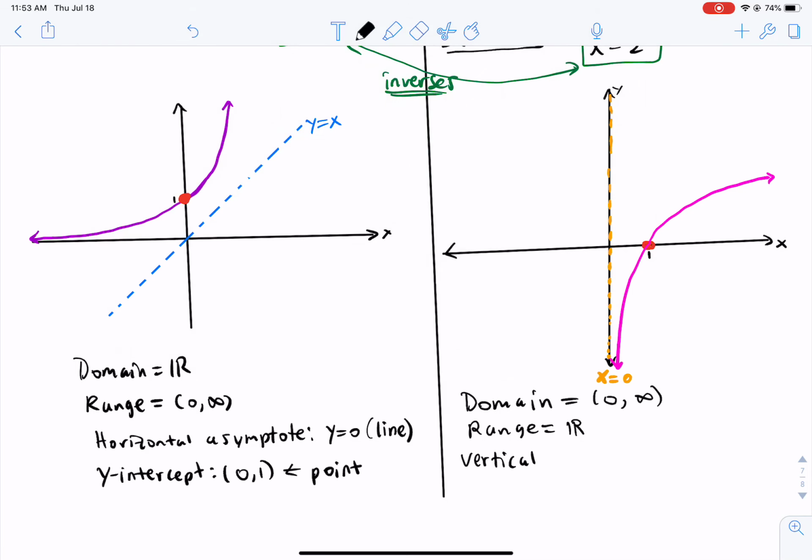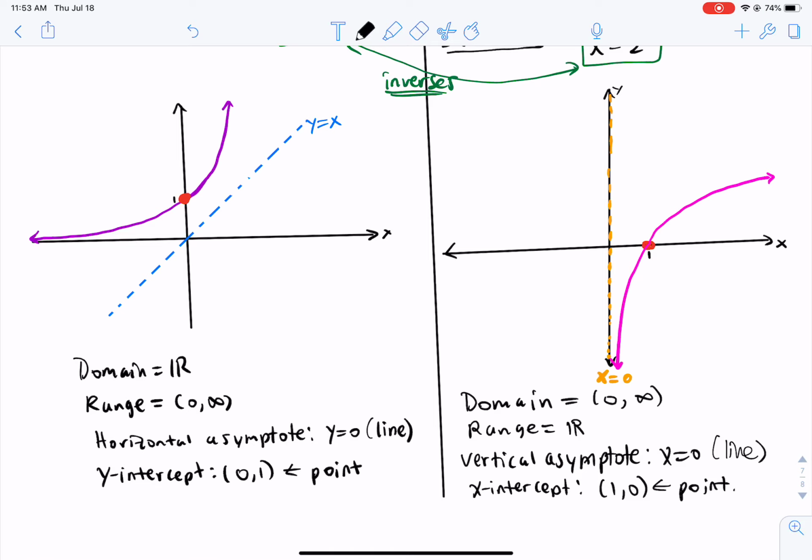Vertical asymptote is x equals 0, and this is a line. And the y-intercept here now gave us an x-intercept, and the x-intercept is just 1, 0, and this is a point.